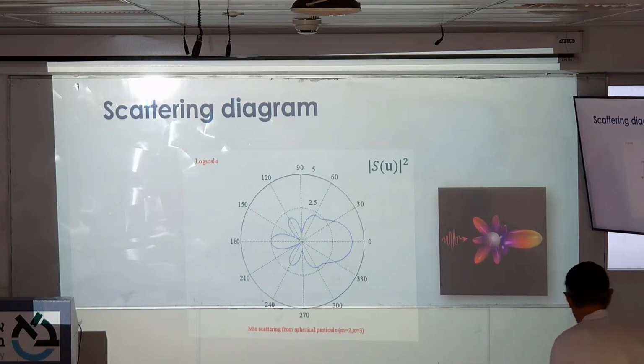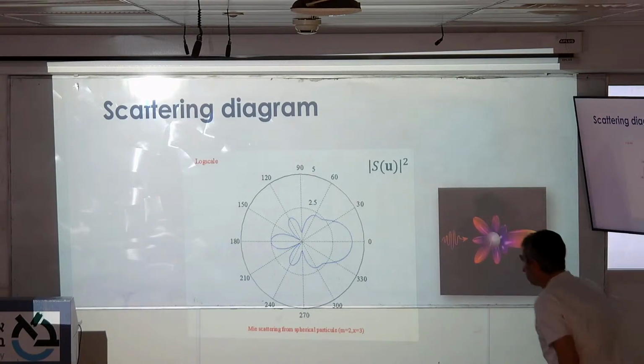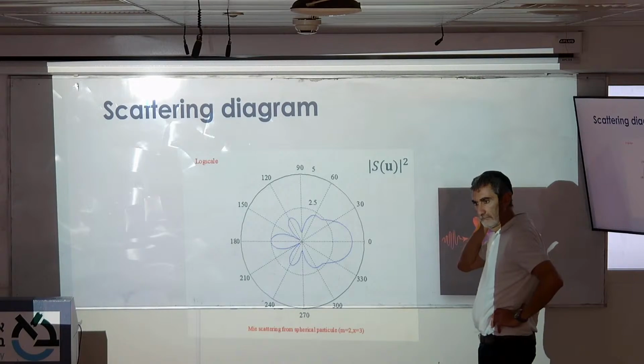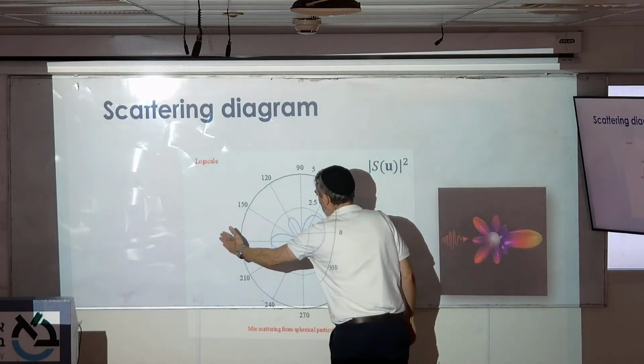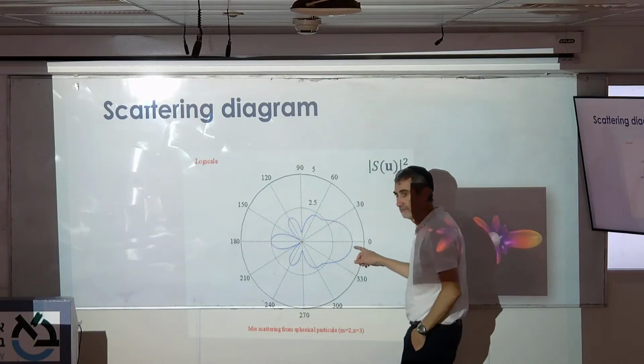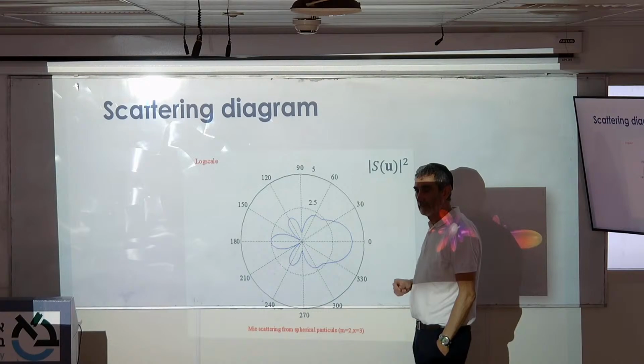So I have a higher probability that I won't see any change. If the photon comes with 0, it will continue with 0. The wave comes from here, and you see that maximum probability is here. So the highest chance is that I won't see anything, like no scattering.